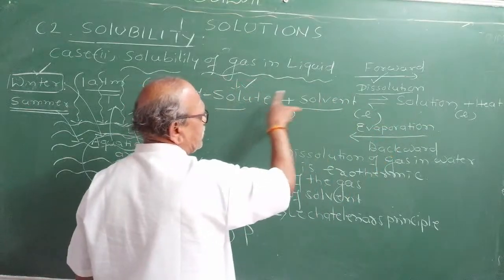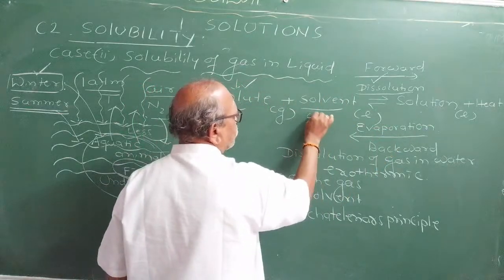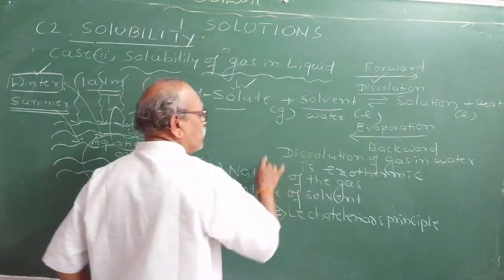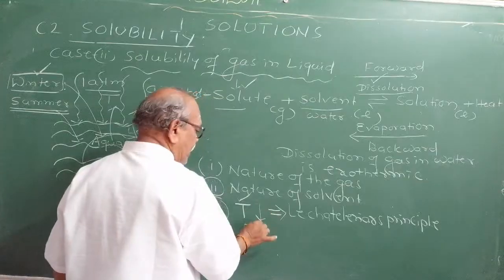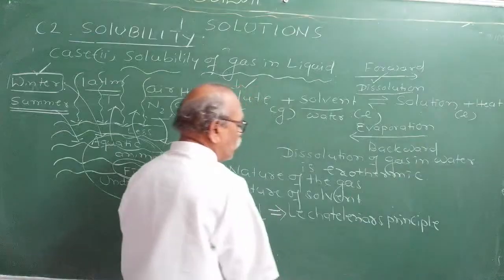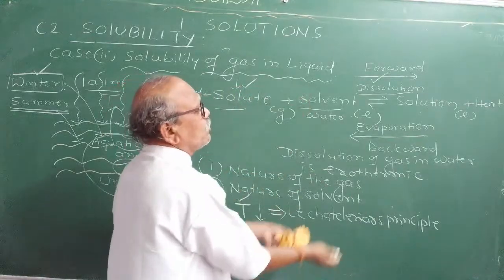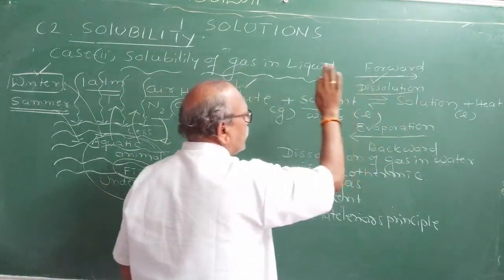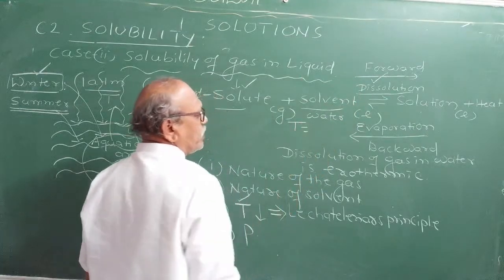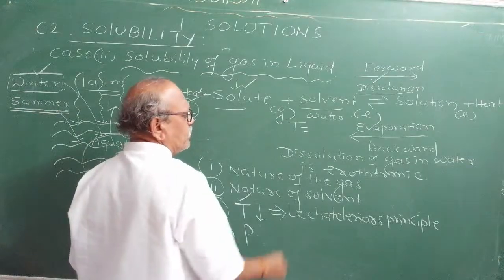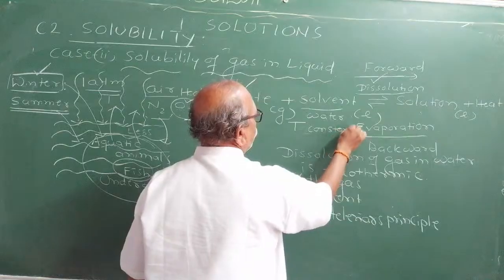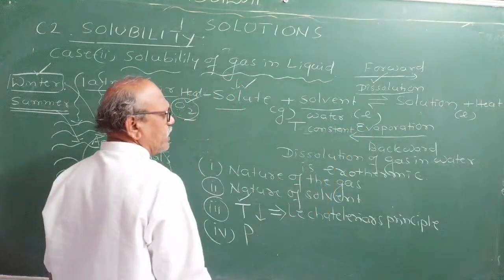Dissolution of gas in water, in particular if you take the solvent as water, if you decrease the temperature, as the forward reaction is exothermic, in order to restore the temperature of equilibrium. Generally, at equilibrium it will have a constant temperature. Okay.